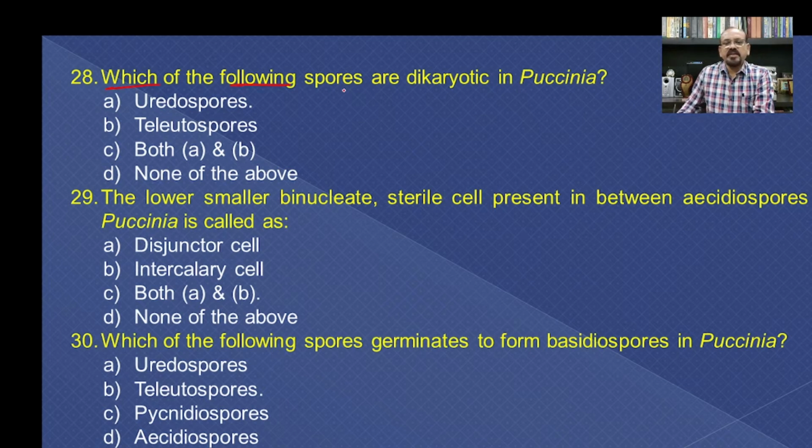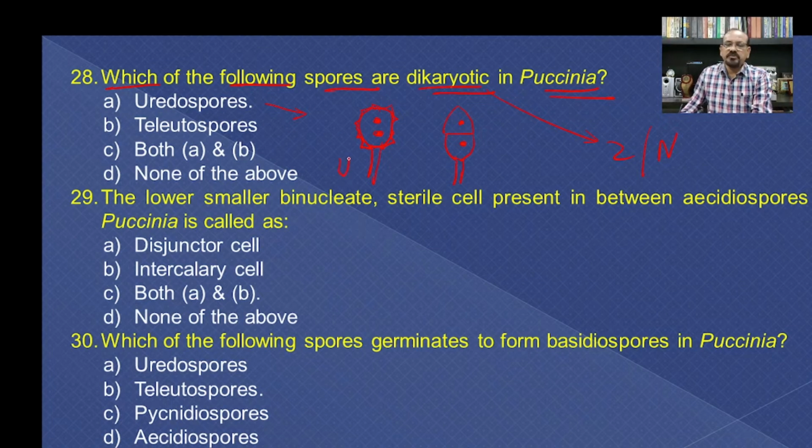Which of the following spores are dikaryotic in Puccinia? The uredospore is spherical to oval in structure and echinate in outline, having two nuclei in it, while the teleutospores are thick-walled and bicelled. Dikaryotic means di, two, and karyon, nuclei.